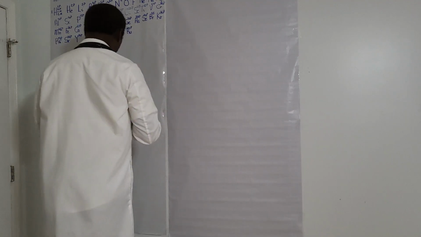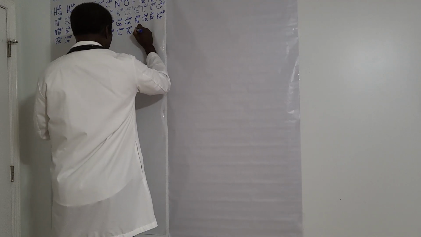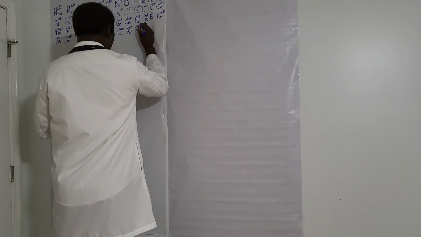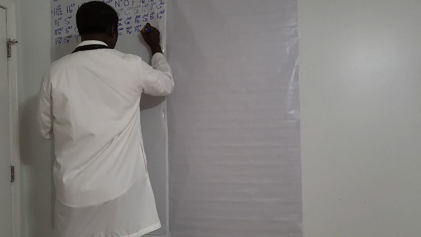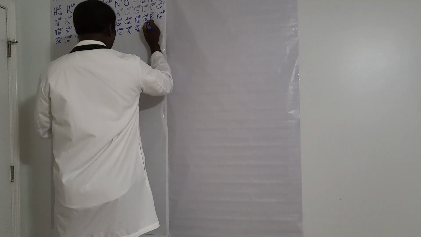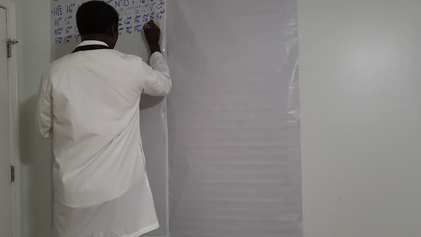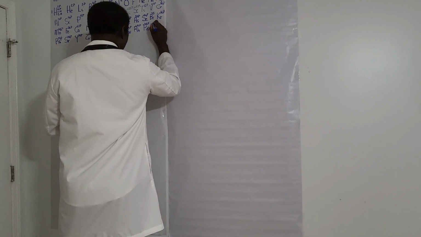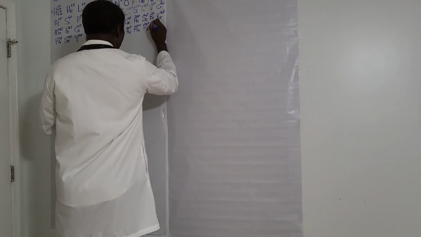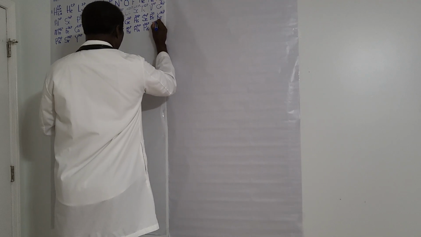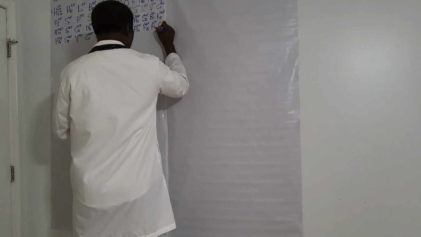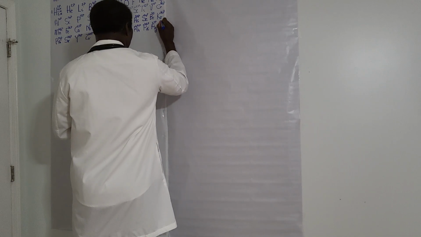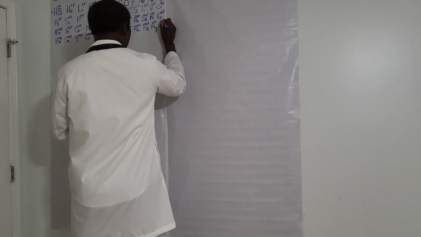And 45 would be rhodium, Rh, 45 protons, 46 palladium, Pd, 46 protons, 47 silver, Ag, 47 protons, and 48 cadmium, Cd, 48 protons.